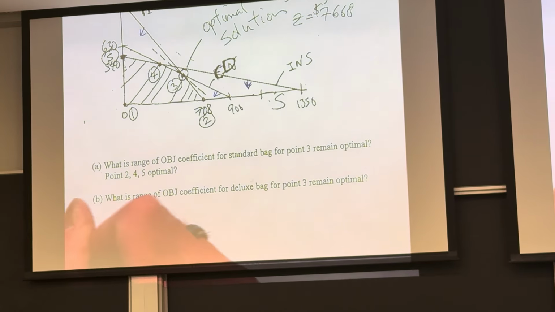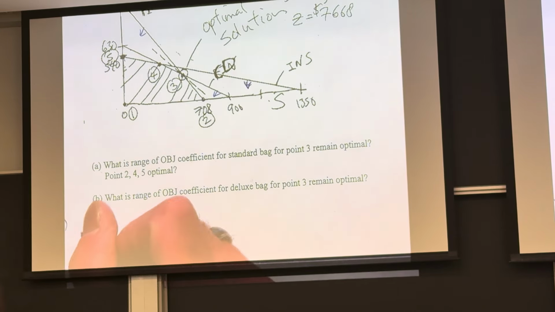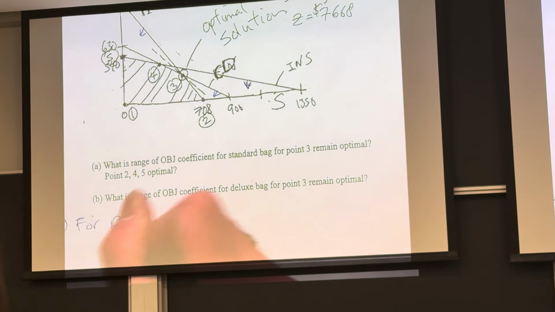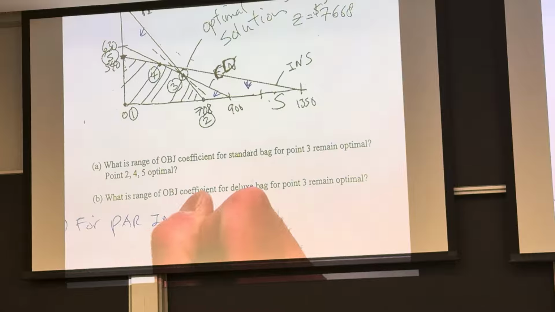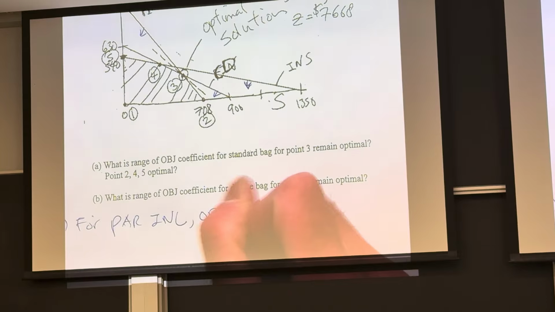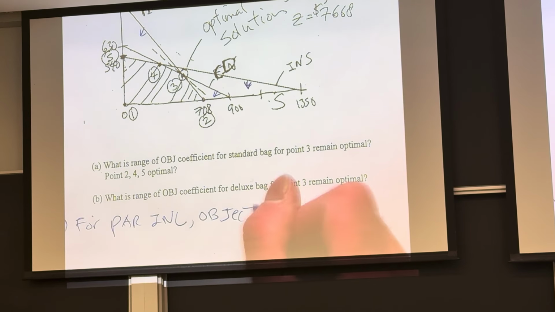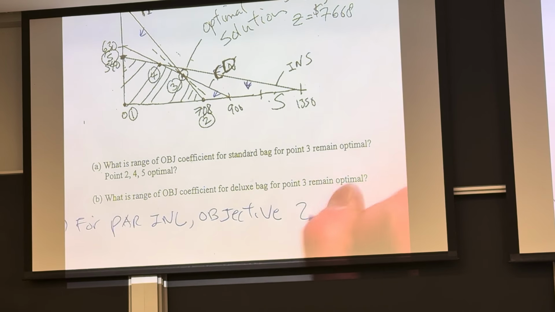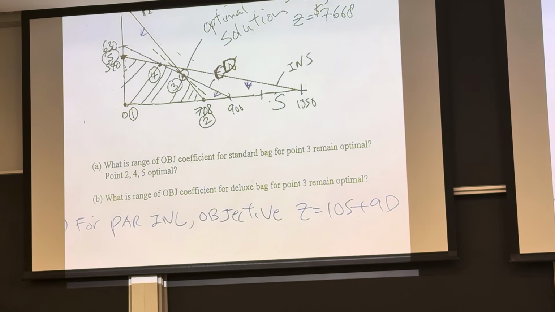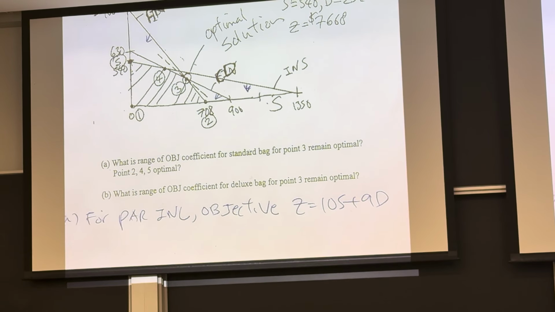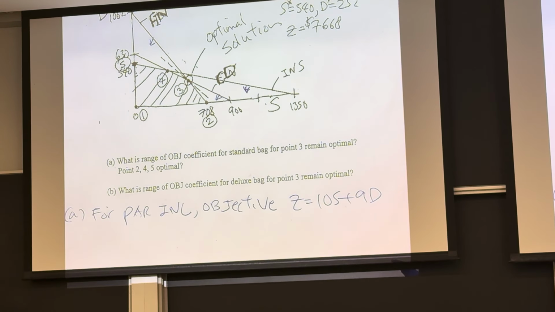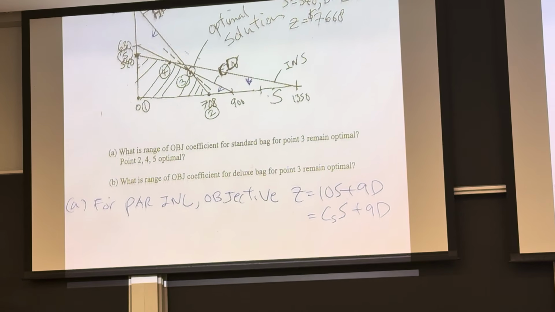Okay, so we're going to do part A over here. For part A, the objective function is Z = 10S + 9D. Now we're going to analyze changes to the S here. So I will write it as the coefficient for the standard bag times S, plus 9D.